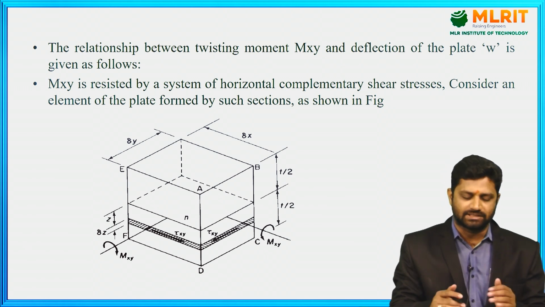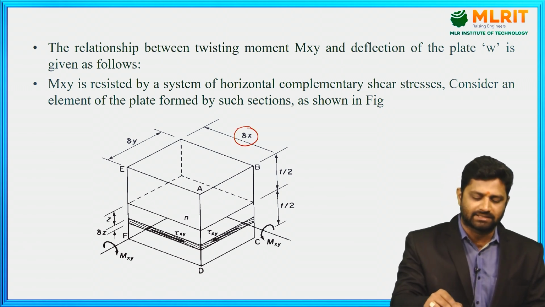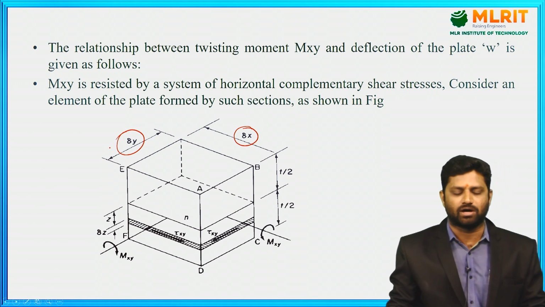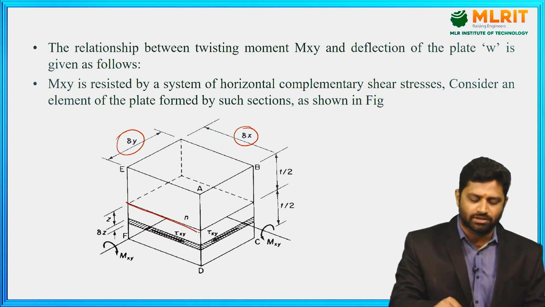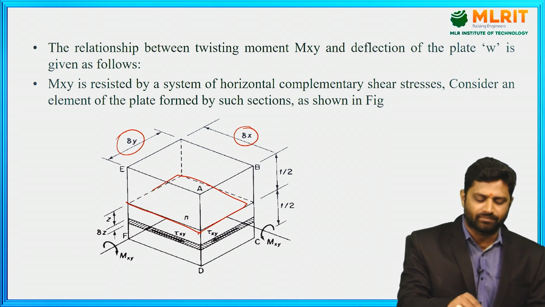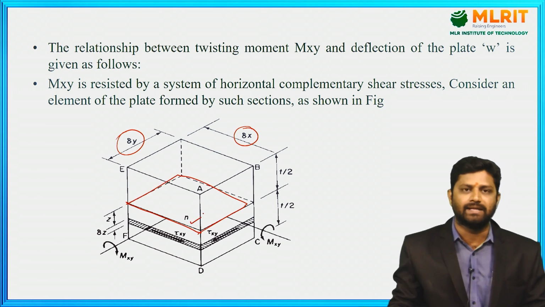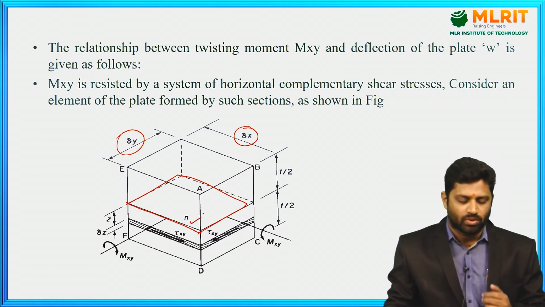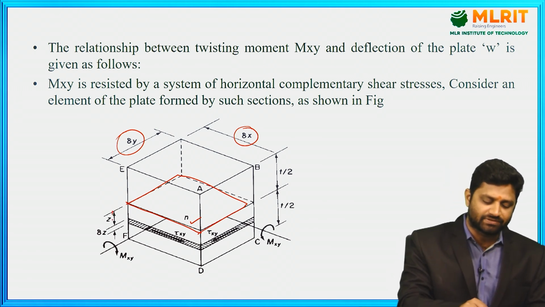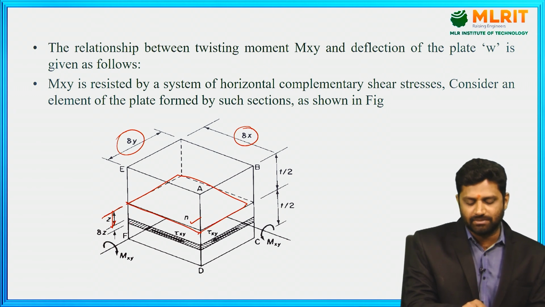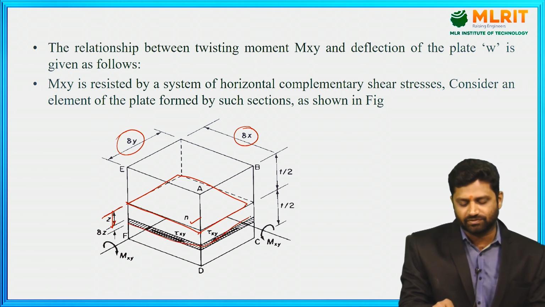Let us consider an element with edge lengths delta x and delta y, and a neutral plane shown by n. We consider an elemental strip at a distance z from the neutral axis.